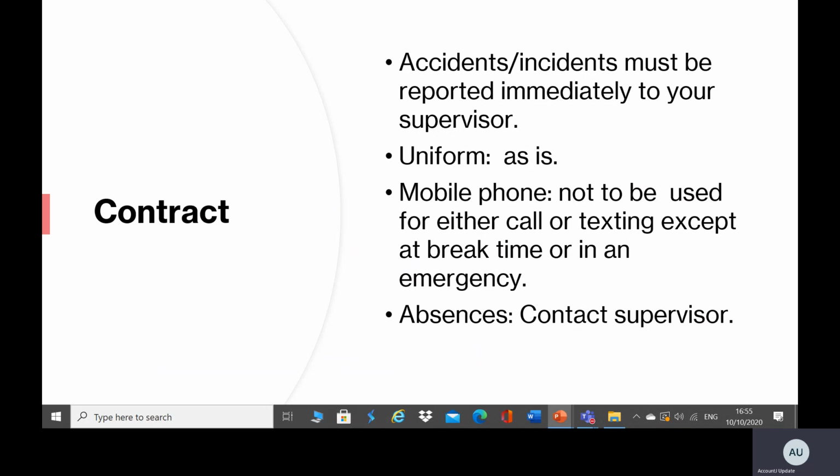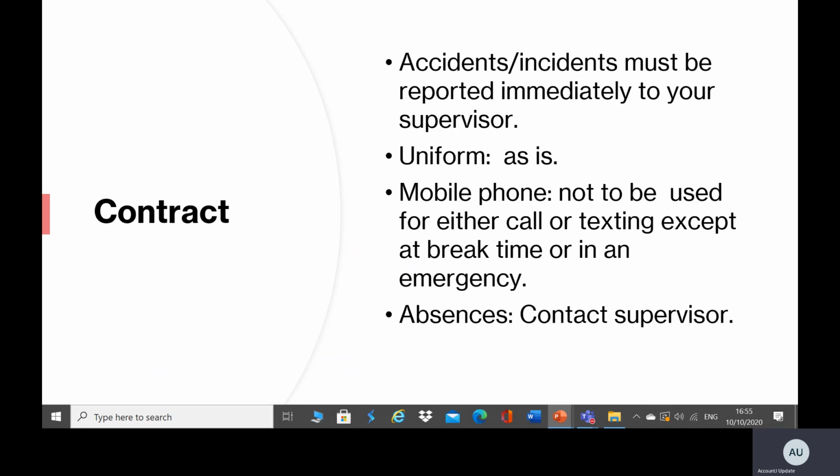Mobile phone: the mobile phone will not be used for either calls or texting except at break time or in an emergency. And then for absences, I will always contact the supervisor in relation to any absences. And if I am unable to attend at very short notice, I will let the teacher or the supervisor know by 7:30 on the morning that I'm going to be out.